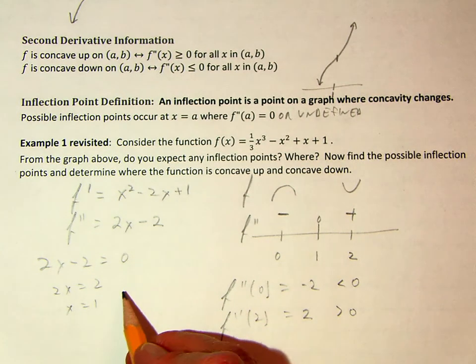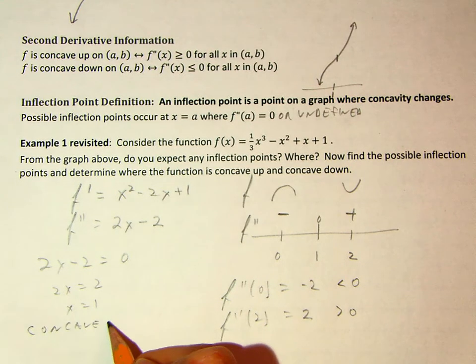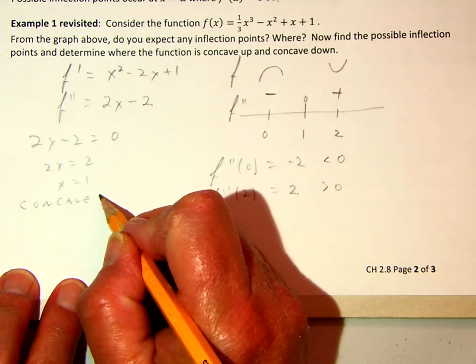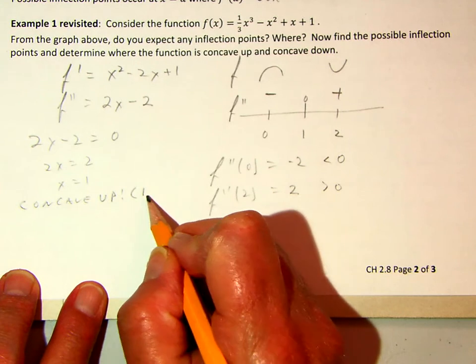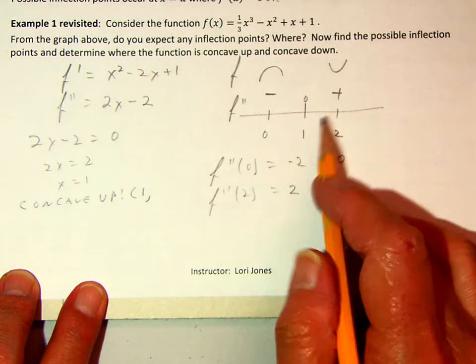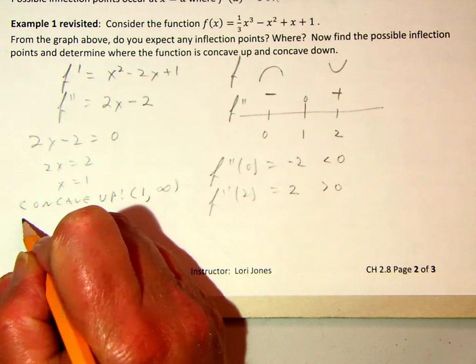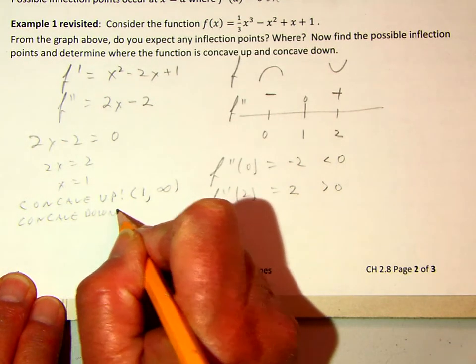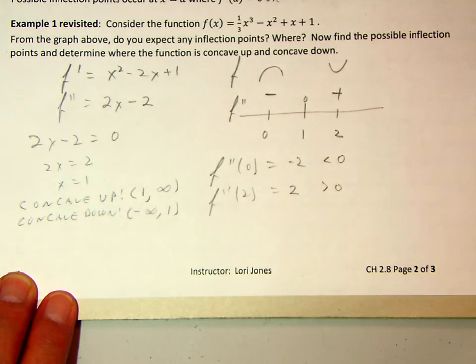So this graph is concave up on the interval from 1 to infinity and concave down on the interval from negative infinity to 1.